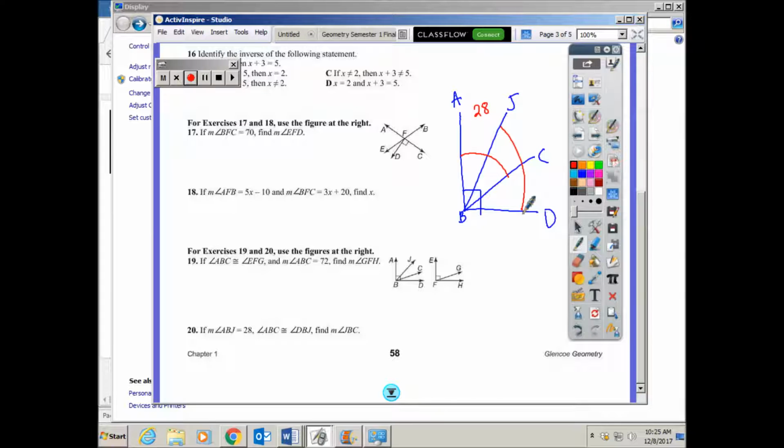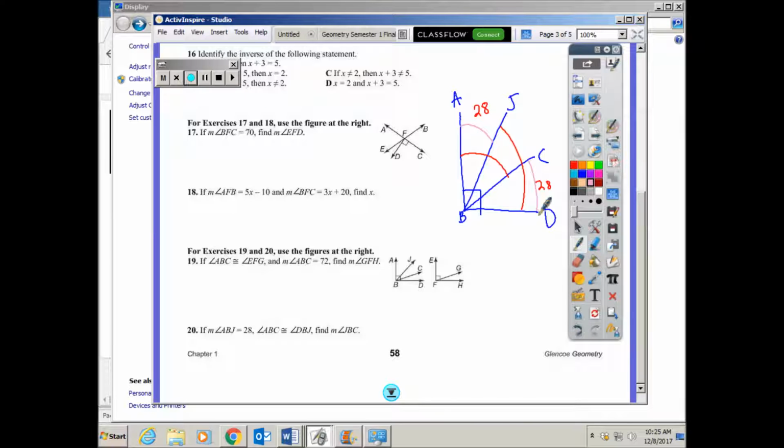Okay? So they share this part, which means this part and this part are equal. I'm going to do a different color there. This and this are equal because this part is overlapping.